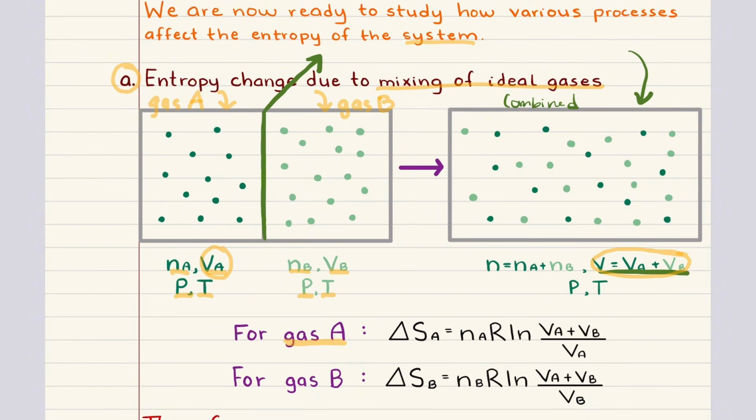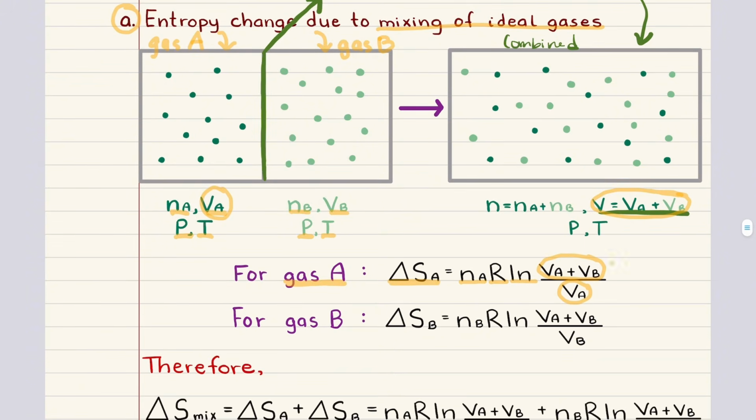This looks just like the isothermal expansion problem we worked through previously, except now the final volume is the combined container. So the entropy change for gas A is given by delta SA equals Na times R times the natural log of Va plus Vb divided by Va, where Va plus Vb is that final combined volume.